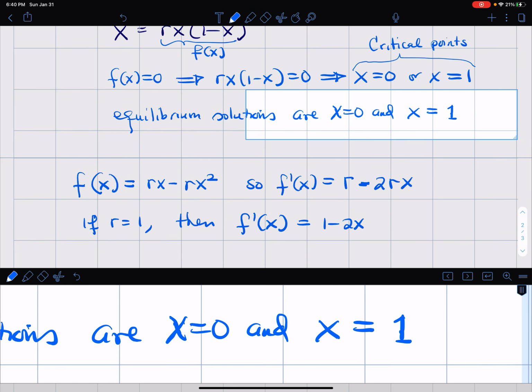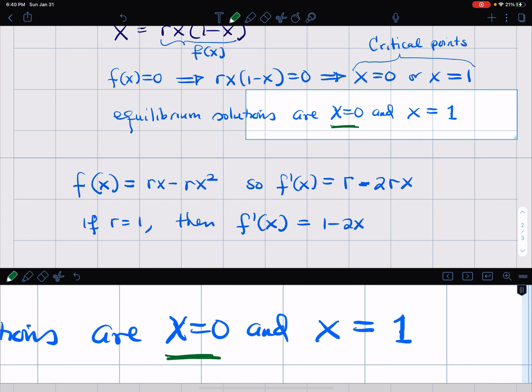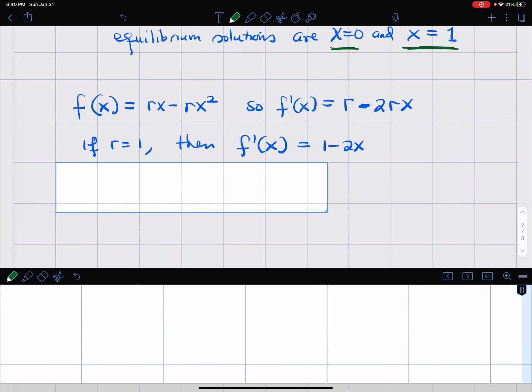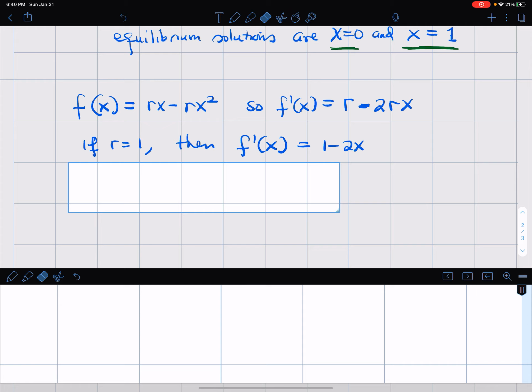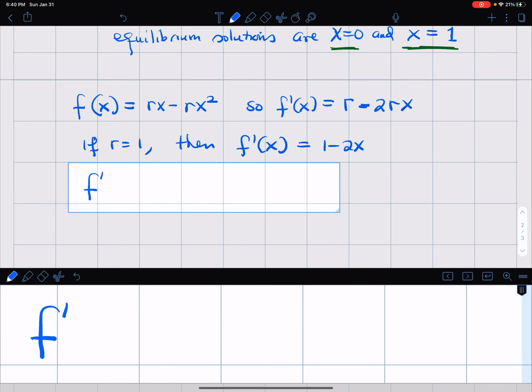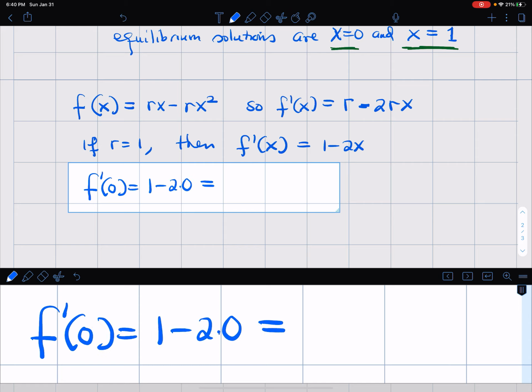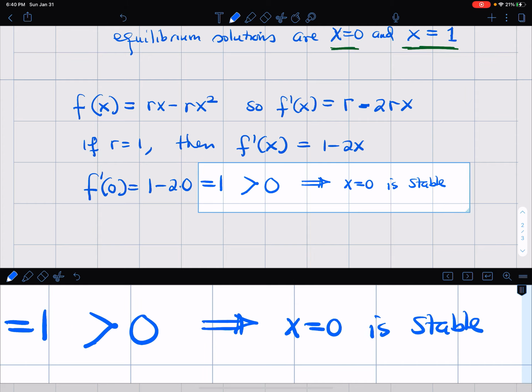We now have to look at our two equilibrium solutions and test them for stability. So f prime of 0 is just 1 - 2 times 0, which is 1, and 1 is greater than 0, so x = 0 is a stable equilibrium solution.